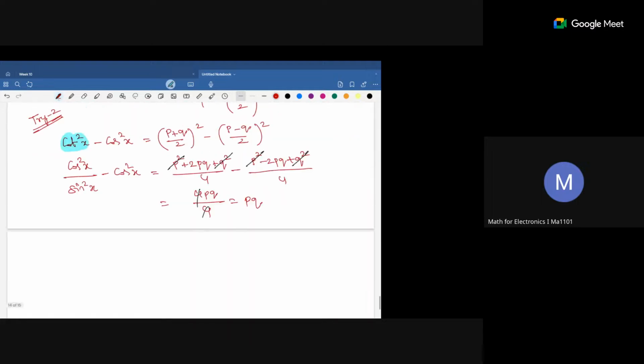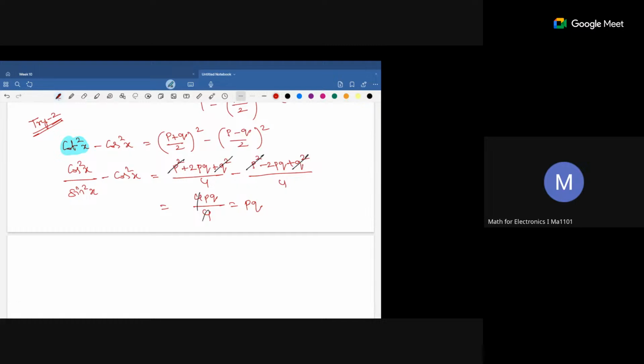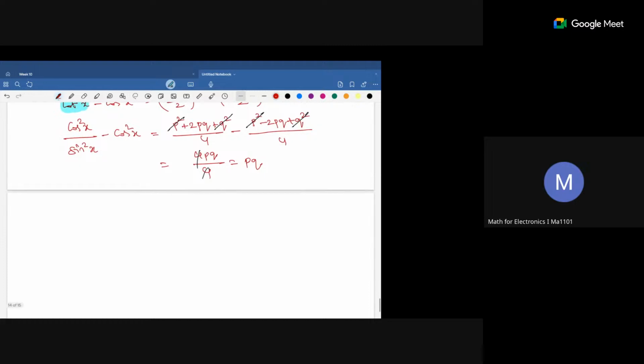On the left hand side, if I take cos square x common, I will have cos square x into (1 by sine square x minus 1).